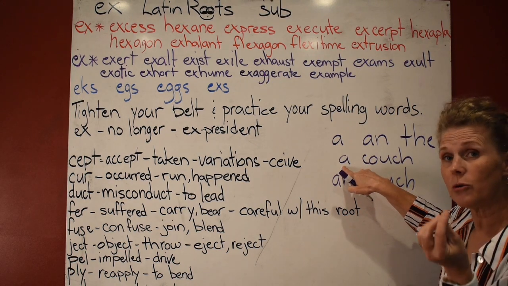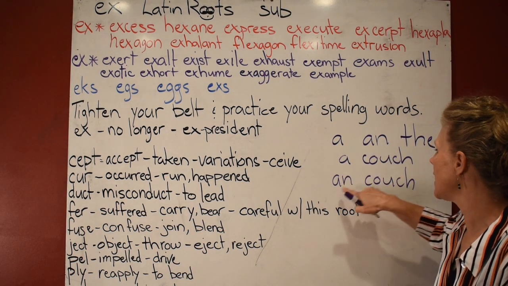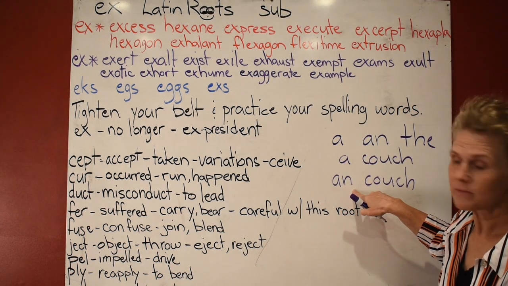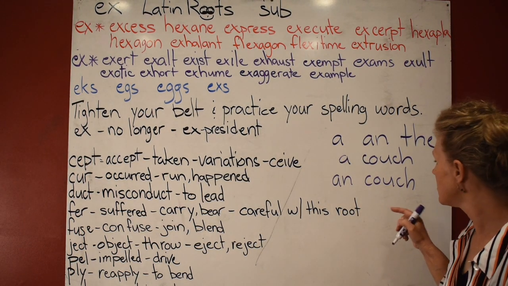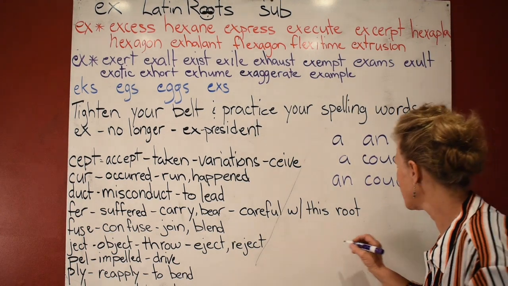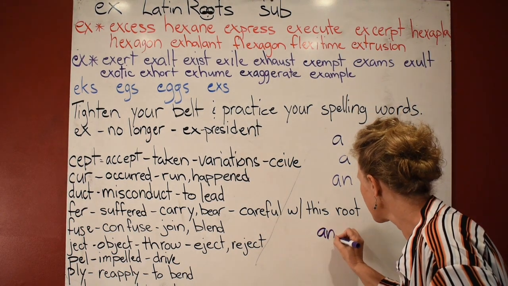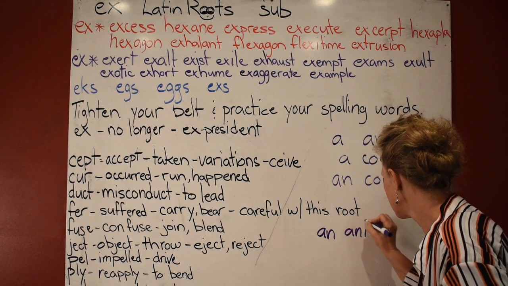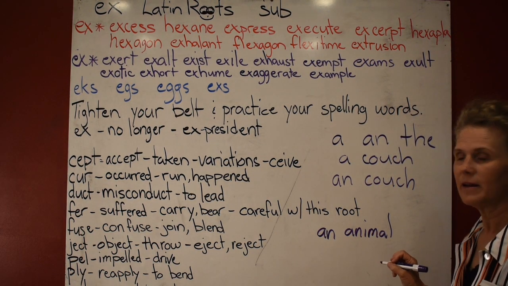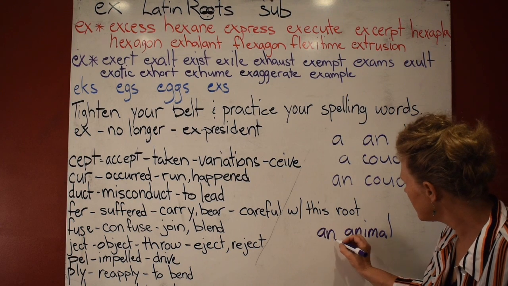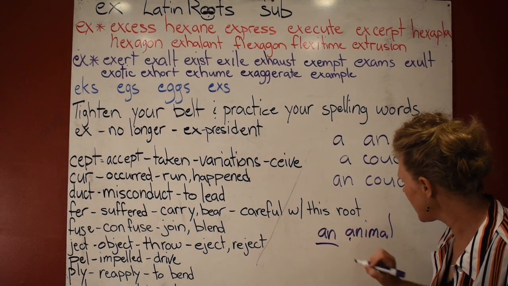So you do the A with a consonant, and an with a vowel. So think of a word with a vowel. Let's, nice, I like that. Let's do an animal. An animal. Okay, so see how this is a vowel and it goes with an.